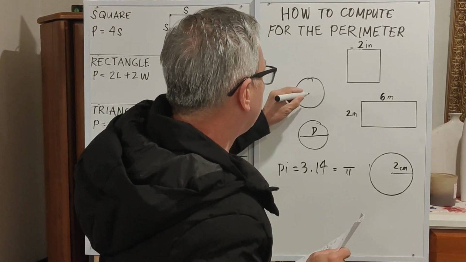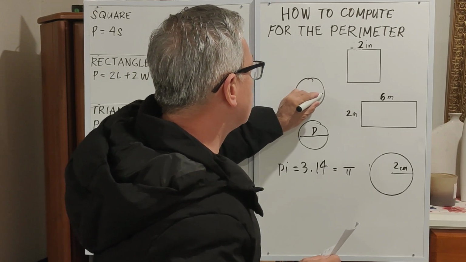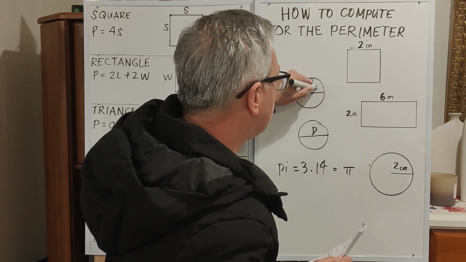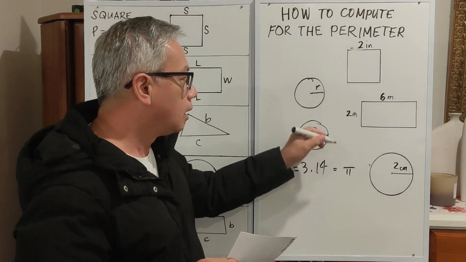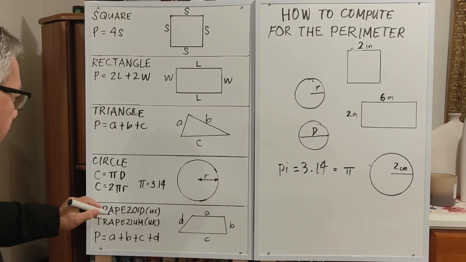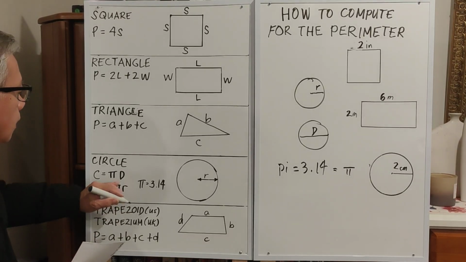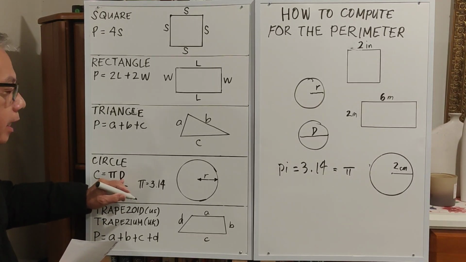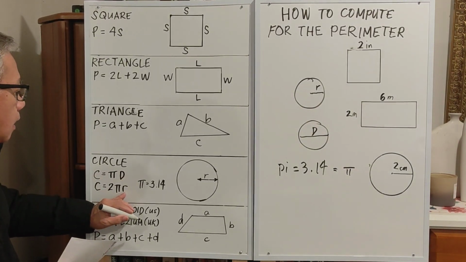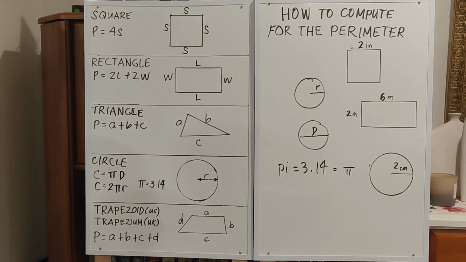If you have a circle, the measure from the center to the side is called the radius. The diameter is 2 times the radius, so we have a new formula: circumference is 2 times pi times r. This is the second formula for the circle.